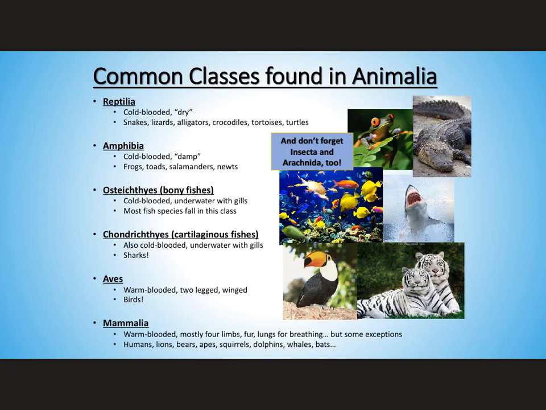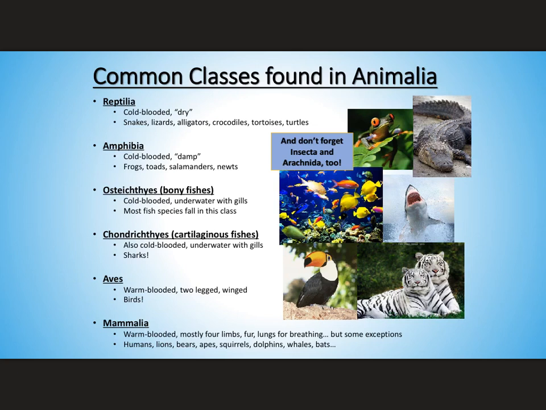So osteichthyes are the bony fishes. These are cold-blooded. They live underwater. They process oxygen with gills. And this is the majority of fish, or underwater species that you would find.